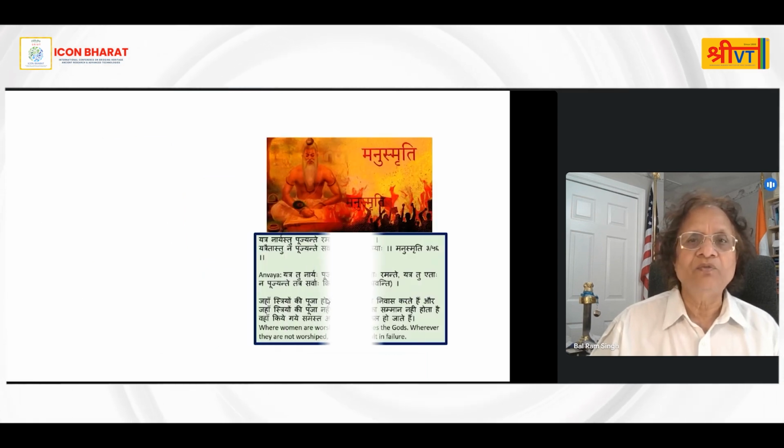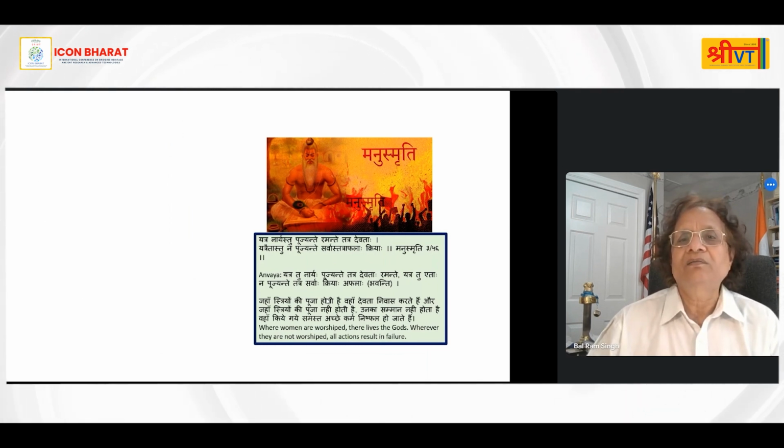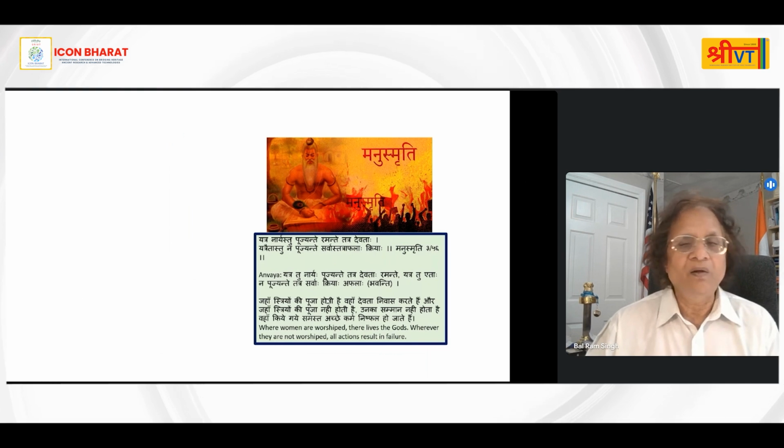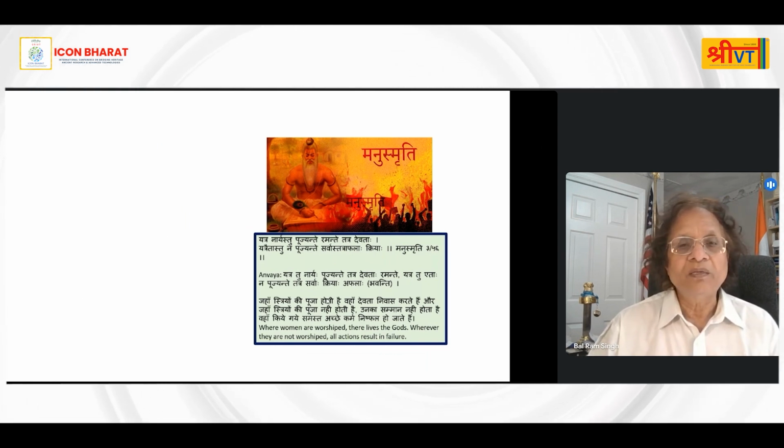To give some idea, the Manu Smriti has written about the mother. It is very important to know: yatra naryastu pujyante ramante tatra devata, meaning where women are so great that they are worshipped, that's where all the gods are around. That's where all the gods roam around. So it is important, because sometimes people misunderstand that. They think that every woman should be respected.